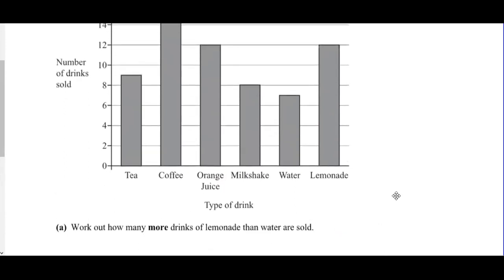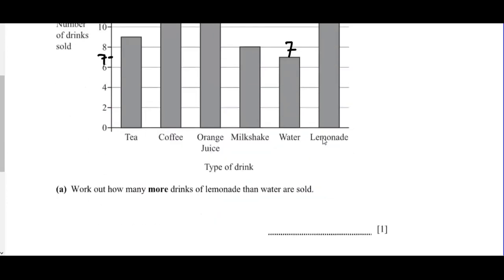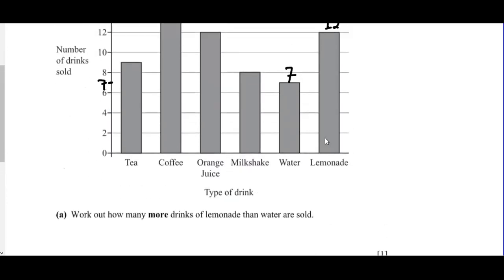Now the question is, work out how many more drinks of lemonade than water are sold. The number of drinks sold of lemonade was equal to 12. Versus water, we had this point here, which is in between 6 and 8, so this will be equal to 7.